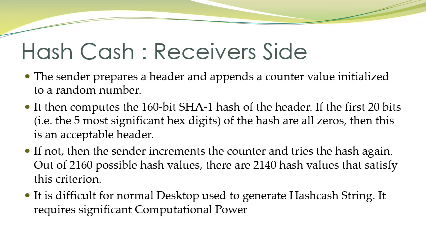And if the first 20 bits of the hash are all zeros, try to read this sentence again. The first 20 bits of the hash means, for each 4 bits there is one hexadecimal digit.